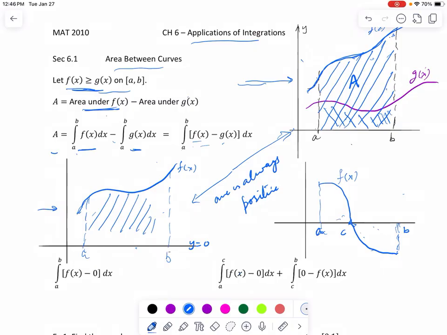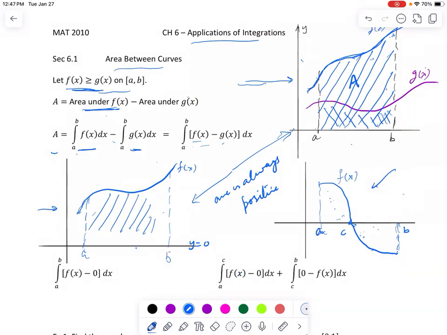The problem can happen when you have this situation where the function is above the x-axis in some portion of the interval and below the x-axis in the other portion. So then we might end up getting a positive area or a negative area, or we could even get a zero area, depending on which one has a higher value, or if they have equal value.